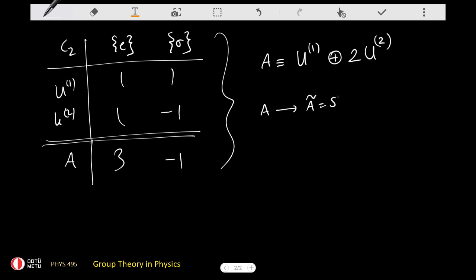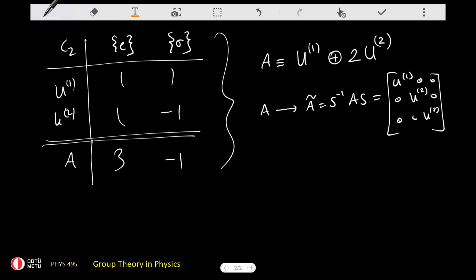So therefore I can make some kind of a similarity transformation in here, S transpose S inverse. I don't know if this is an orthogonal matrix or not yet, so let's just say it like this, where the first block is U1, the second block is U2, third block is U2.